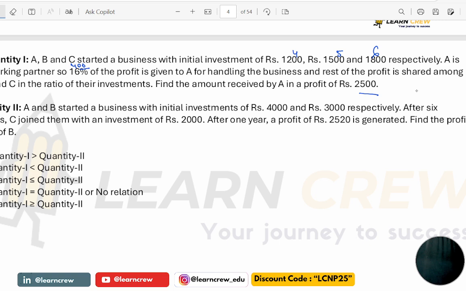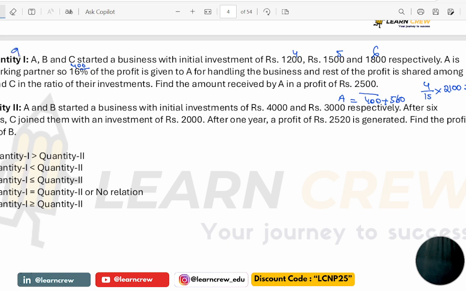So 4 out of 15 of 2100 would be 560. A's total amount is his salary plus 560, which is 960. So this value is 960.